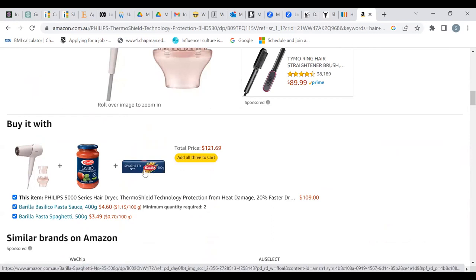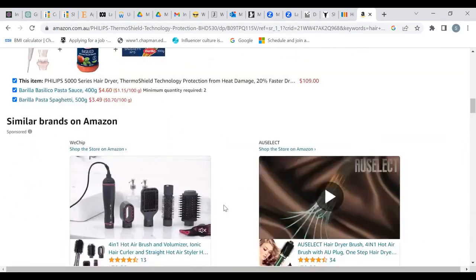Pasta sauce and spaghetti. How bizarre does that sound, right? But there's an entire machine learning algorithm running behind, which is looking at consumers' purchases. You might be very surprised to see how Amazon comes up with recommendations.